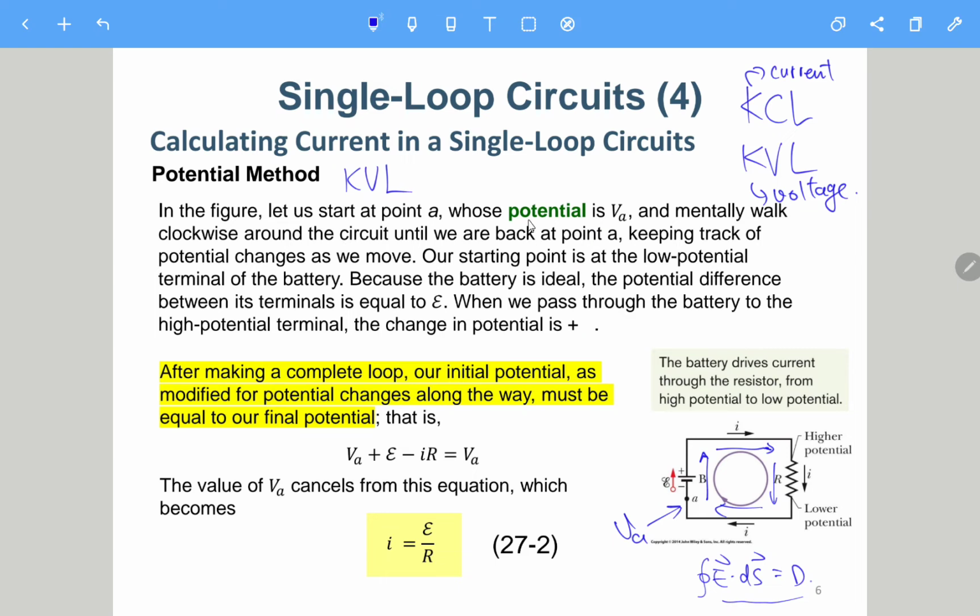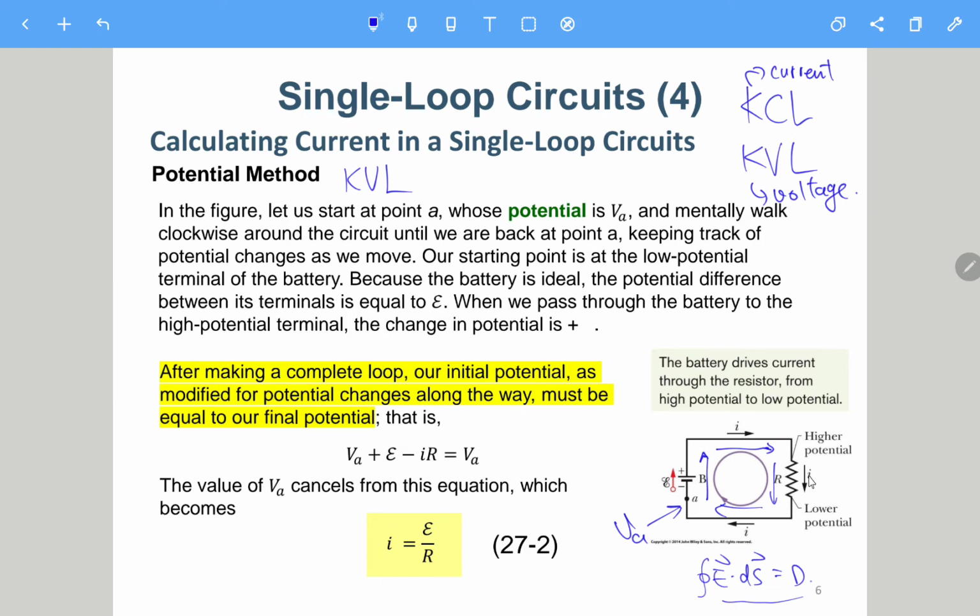Okay, so our starting point is at the low potential terminal of the battery, and because the battery is ideal, starting from this point the potential is VA, and going to here we should add E to it. So we have the second term plus E here, and then we keep going further. This is a perfect wire, so we don't have potential drop or gain.